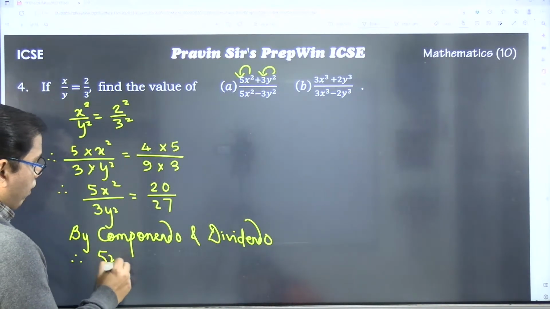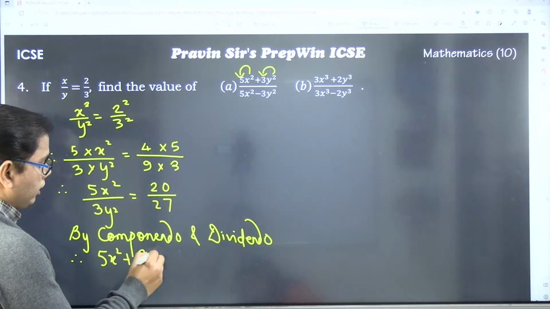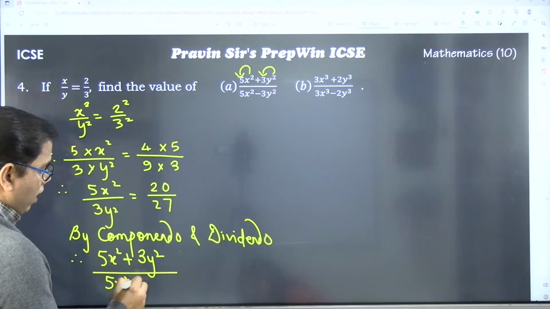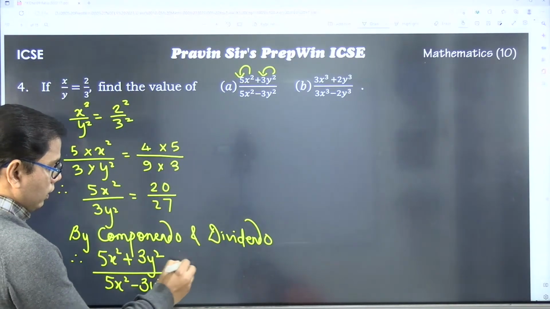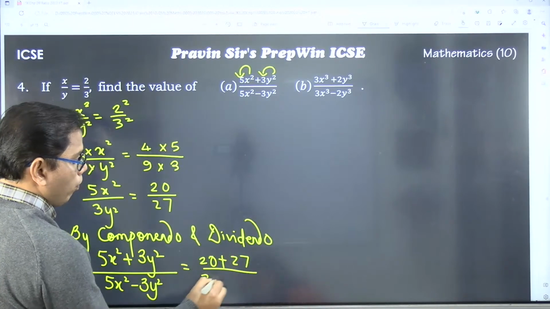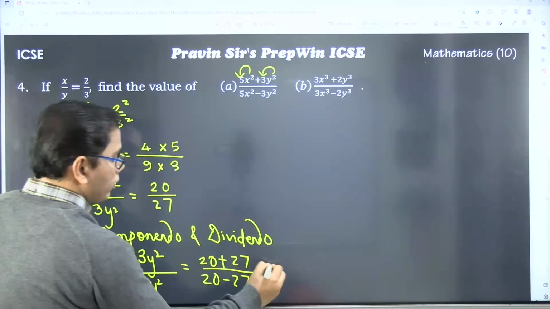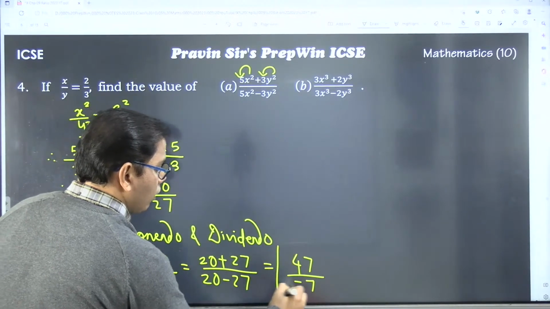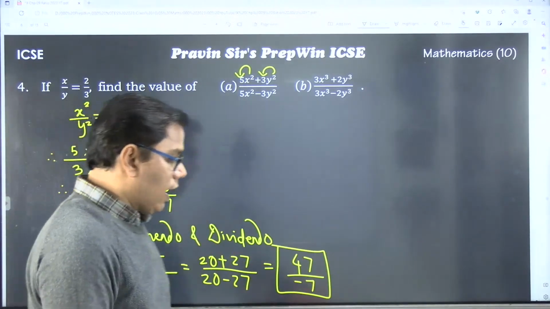My answer is 5x square plus 3y square upon 5x square minus 3y square is equal to numerator plus denominator upon numerator minus denominator. So this is 47 and this is minus 7, which is my final answer.